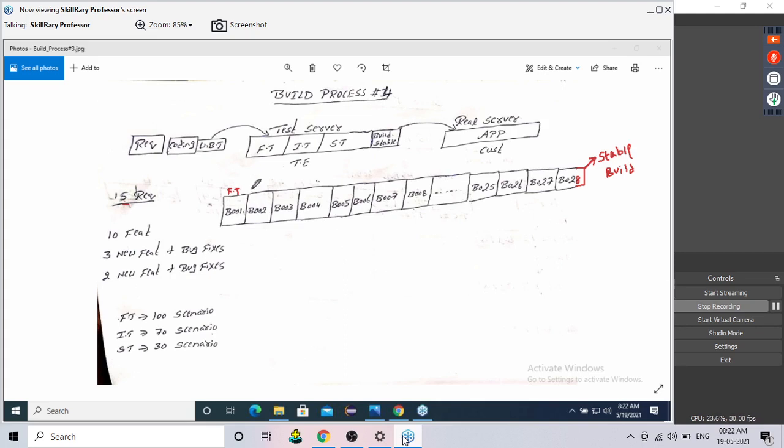So in B002 also, I will only do 1 round of functional testing on the 3 features which the developer has developed. Plus something else I will do in B002. What is that? In B002, I'm doing functional testing, plus 1 more thing.